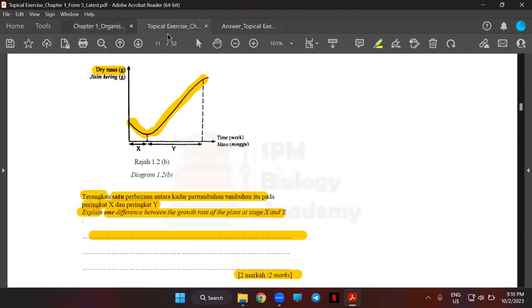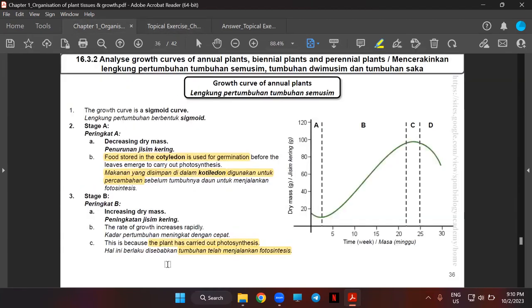While at stage Y, the plant has carried out photosynthesis. Siapa mau tulis at stage Y, leaves have emerged and the plant carried out photosynthesis, boleh, tak jadi masalah. Daun telah tumbuh dan tumbuhan telah menjalankan fotosintesis. Boleh tulis.